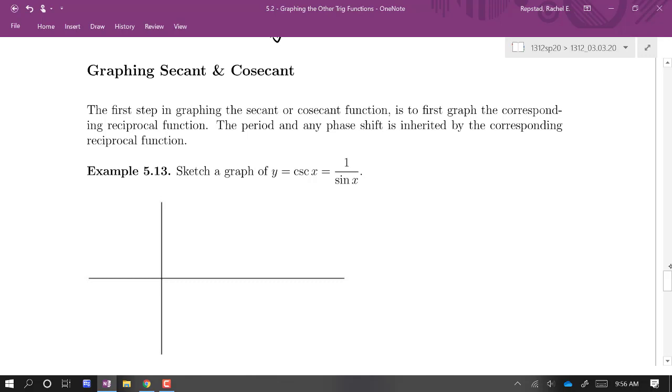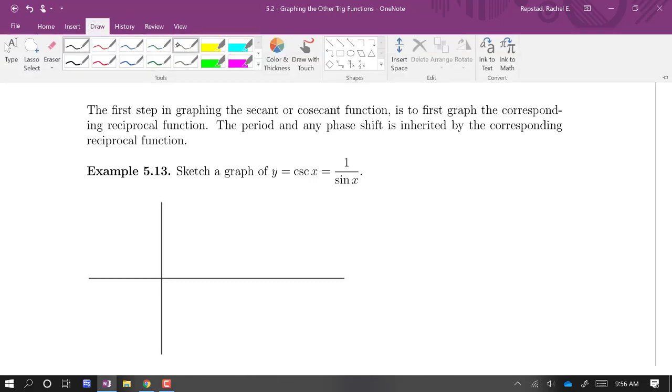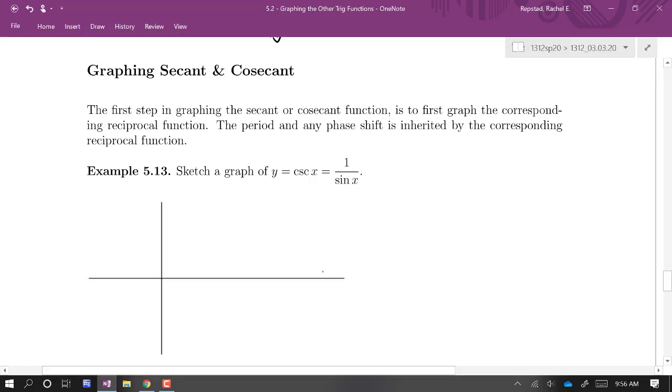We've been doing that for a while. So sine of x has a period of 2 pi, and so there's 2 pi, here's pi, pi over 2, 3 pi over 2. It has an amplitude of 1. I have to leave ample room on either side of the amplitude, so I'm not marking 1 at the very top.